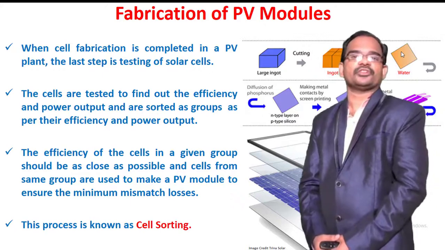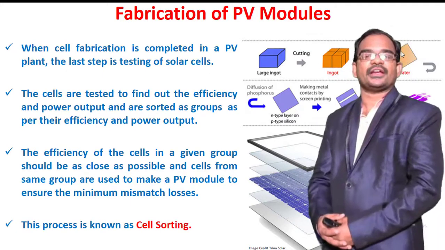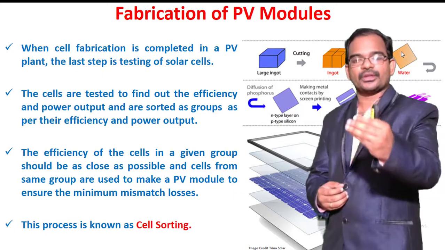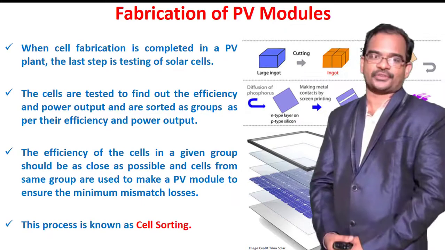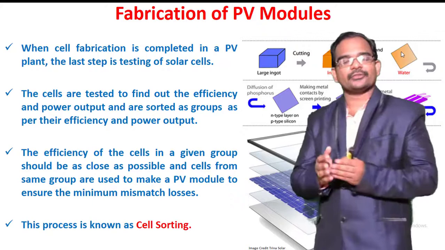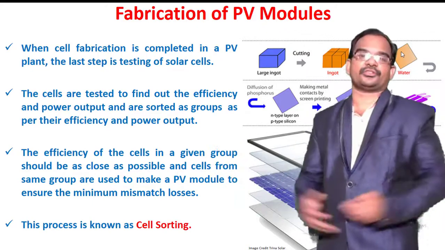I have to keep it in box number 2 because the efficiency of this fourth cell, which is 19.2%, is correlating with the efficiency of solar cell number 2, which has 19%, and that's why I'll keep these two cells in a particular box. And likewise I'll sort all these 100 cells into different boxes.